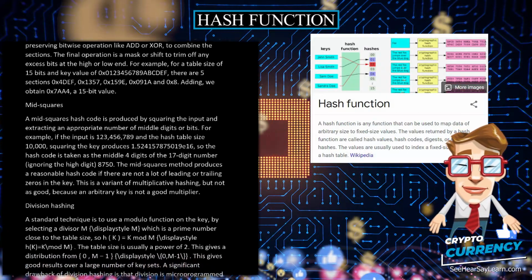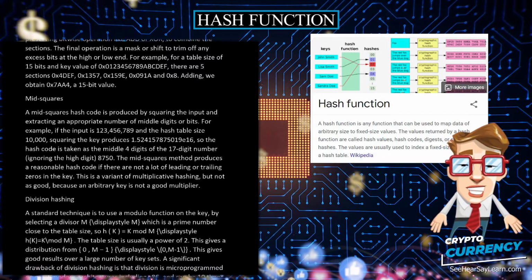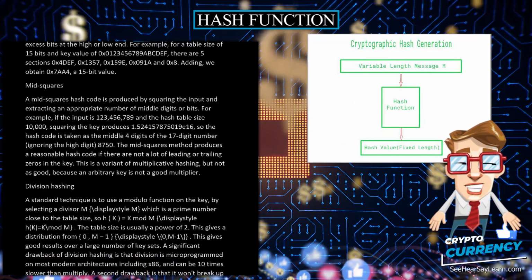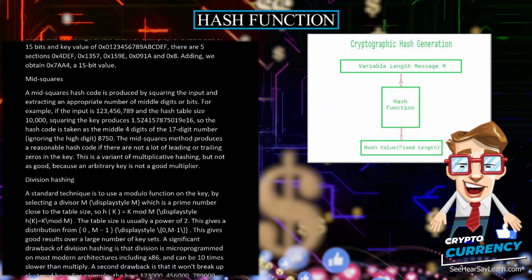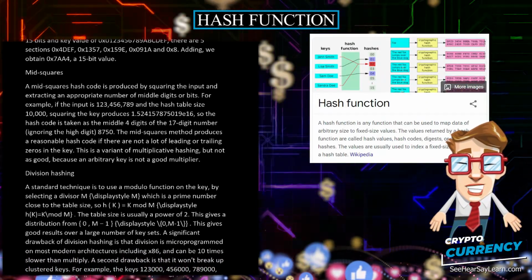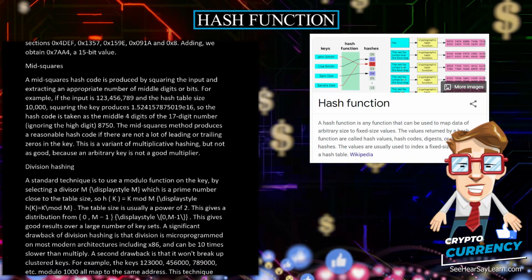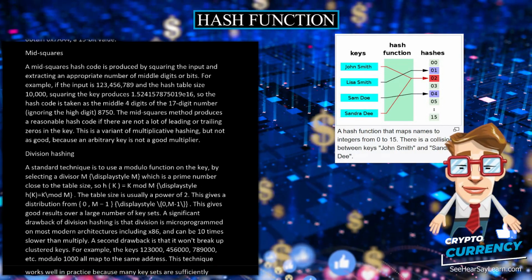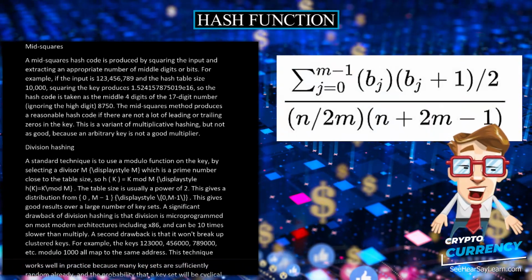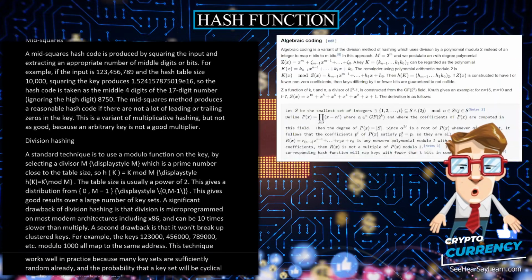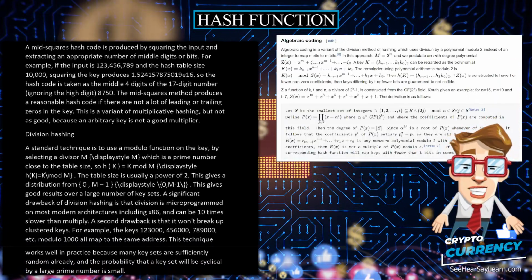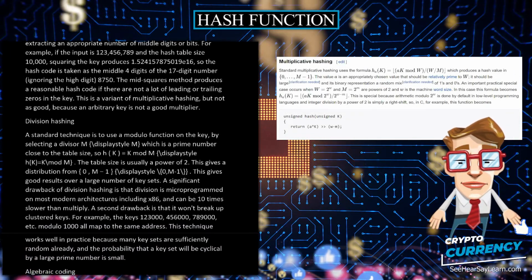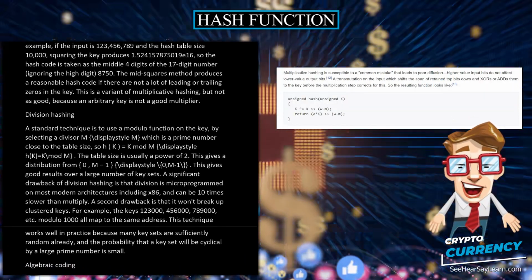Algebraic coding. Algebraic coding is a variant of the division method of hashing which uses division by a polynomial modulo 2 instead of an integer to map n bits to m bits. In this approach, M equals 2^m, and we postulate an m-th degree polynomial Z(x) equals x^m plus z_{m-1}x^{m-1} plus ... plus z_0.